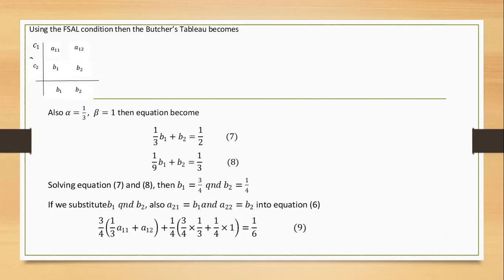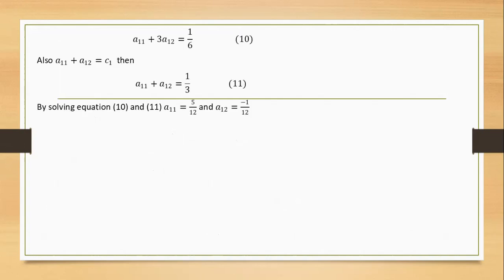Then I substitute those values of B1, B2, and I have this. At the end of the day, the only variables in this equation will be A11 and A12. That gives me A11 plus 3A12 equals 1 over 6. I call that equation 10.